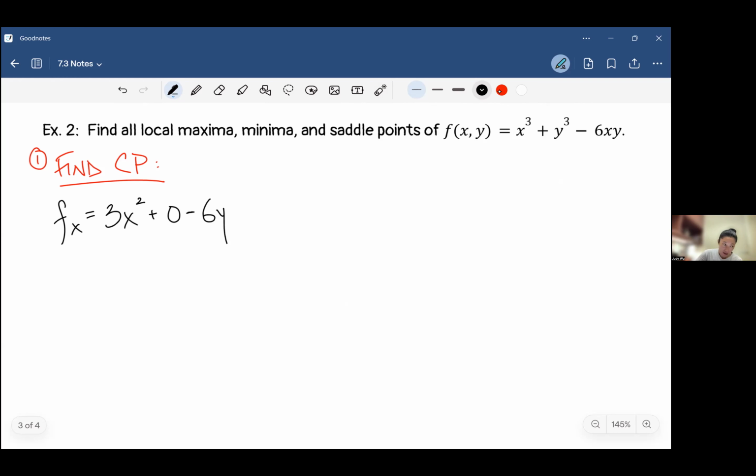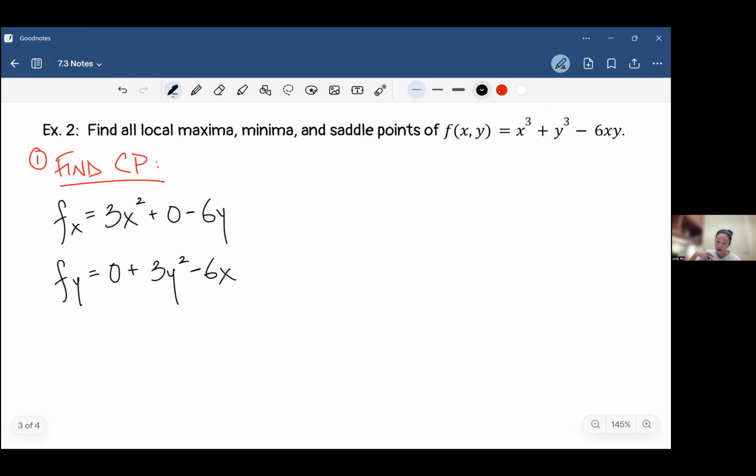Okay. All right, let's do the same thing with fy. X cubed, that derivative goes to 0, plus y cubed has a derivative of 3y squared, minus 6xy becomes 6x, because the x is a number, but the y is a variable.